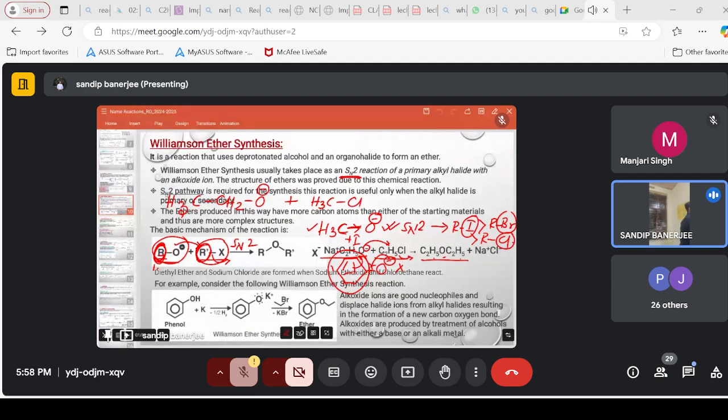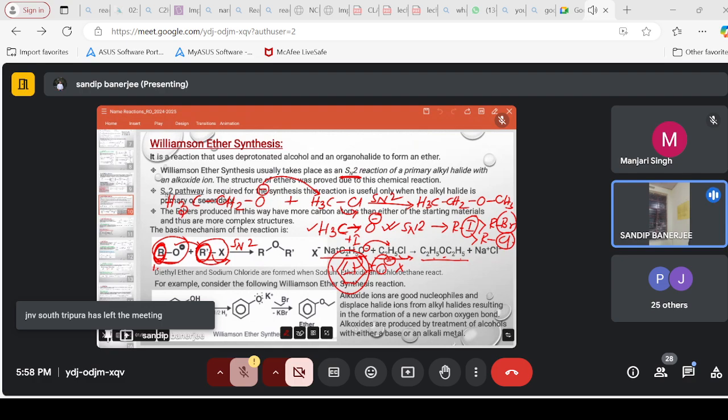Then this oxygen will attack on this one, chlorine will get eliminated, following your SN2 pathway, simple, and the product formed will be CH3CH2OCH3. Now notice, in the last case, you got C2H5 on this side, C2H5 on this side. So this is the example of a symmetric ether.